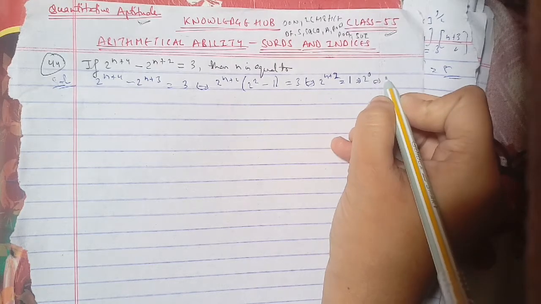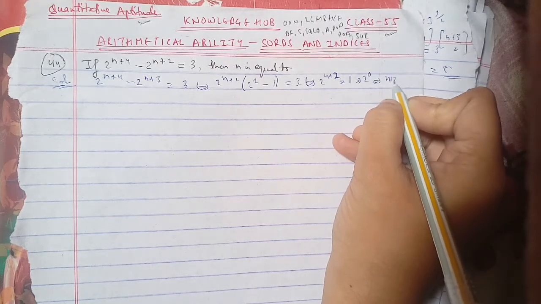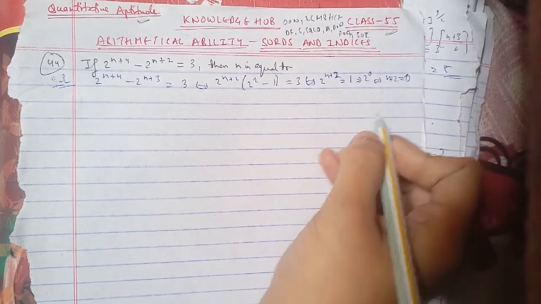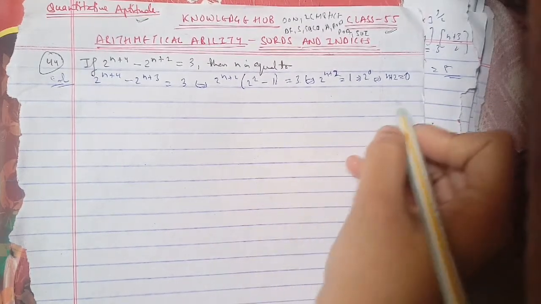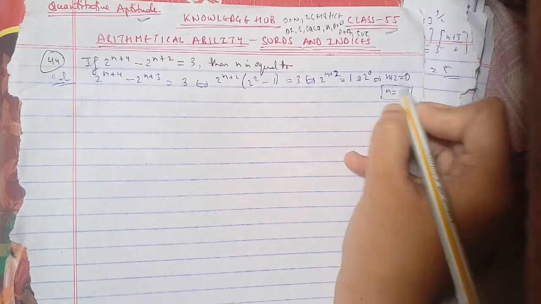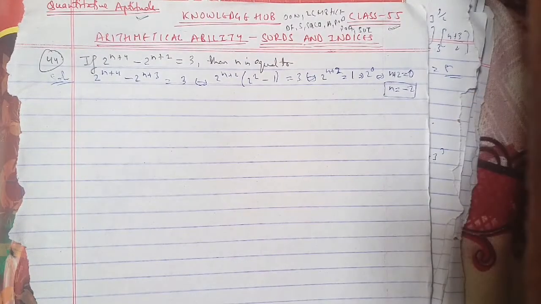We take the powers here: n plus 2 equals 0, and n equals minus 2. The plus 2 will go to the other side, it will become minus 2. So the answer we get is n equals minus 2.